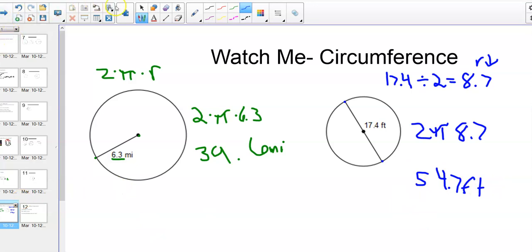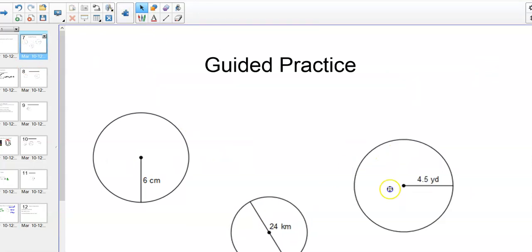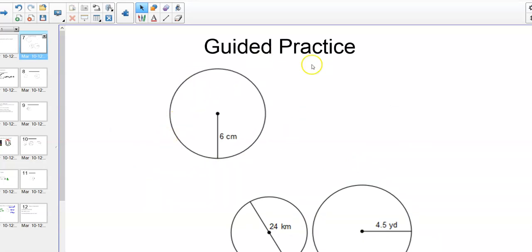Okay, so let's do some of these together. Go ahead, let me move these out of the way. Copy this first circle right here down in your notebook. Okay, what is the radius of this circle? Good, it's 6.